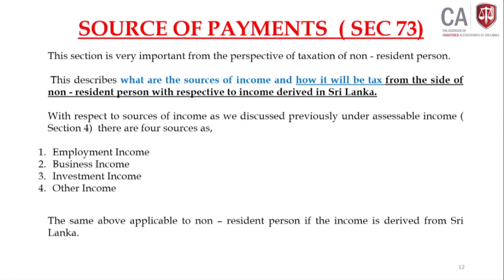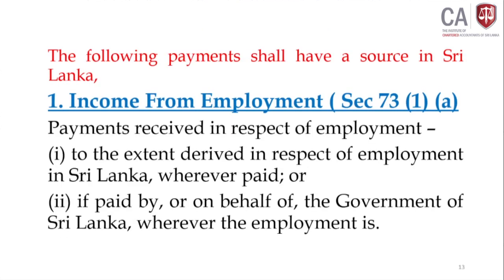Now, we will look at what the sources of income are which can be derived from Sri Lanka according to section 73. Okay. See the provision: the following payments shall have a source in Sri Lanka.